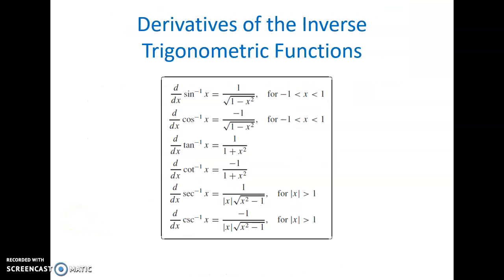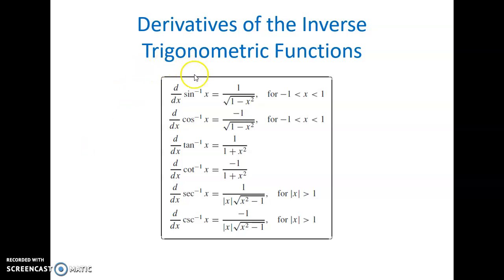Next one is the derivative of the inverse trigonometric functions. So you need to just look at these formulas. Like we have 6 trigonometric functions, similarly we have 6 inverse trigonometric functions. So check this and remember these. These are all the formulas you need to remember, like the derivatives of the 6 trigonometric functions.